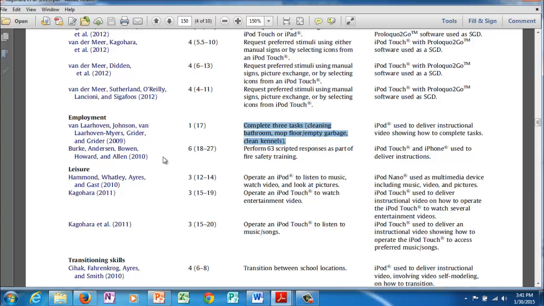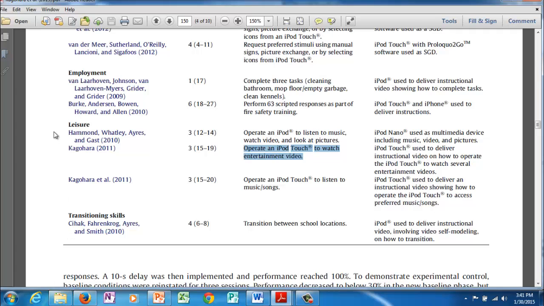So that's this one. And we had another one about using iPads and iPods to watch an entertainment video. That was the Kagohara 2011 article. And you notice Kagohara keeps showing up in this because evidently Kagohara is a researcher that is really dedicated to researching the use of iPods with students with developmental disabilities.